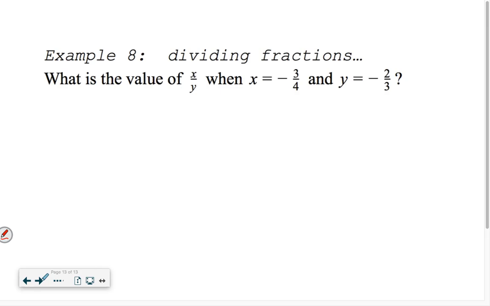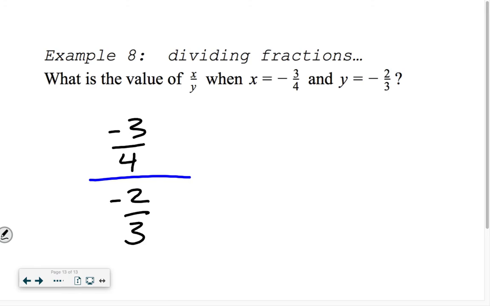So example of division with fractions. Fractions within a fraction. You can't see that yet. But the value of x divided by y. Well, x is negative 3/4. We're dividing all of that by y, which is negative 2/3. Now remember, there are two different ways to do this.